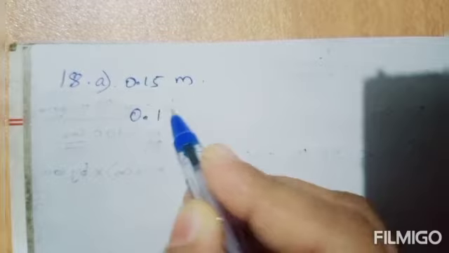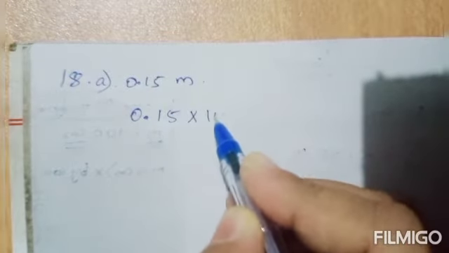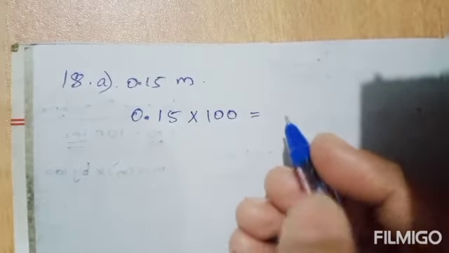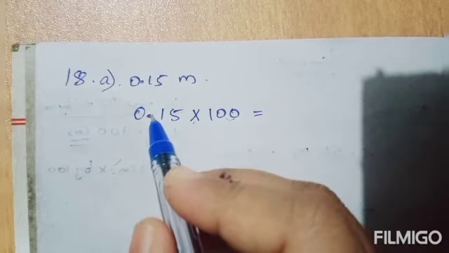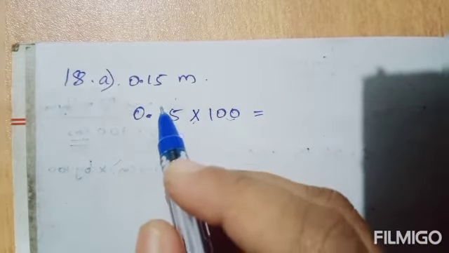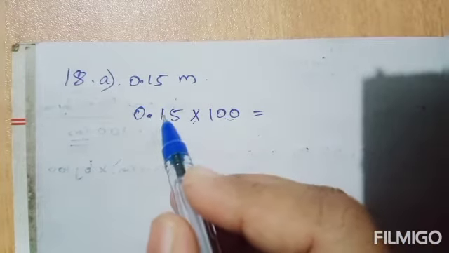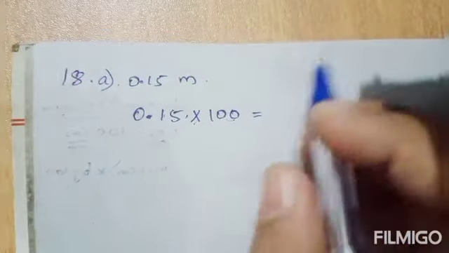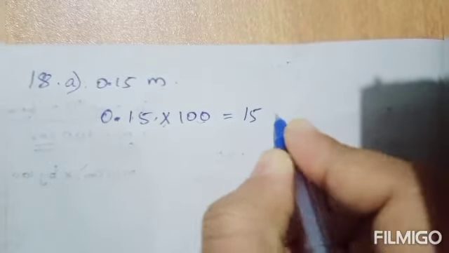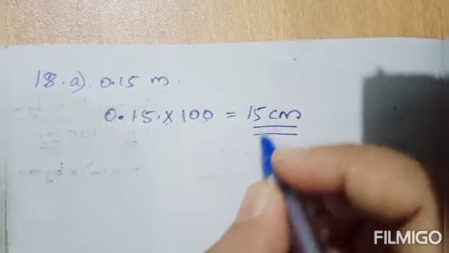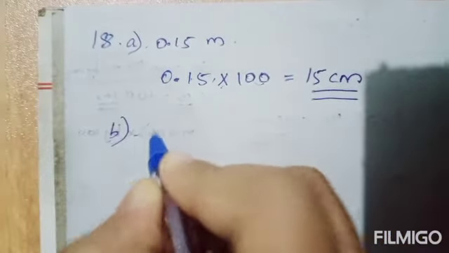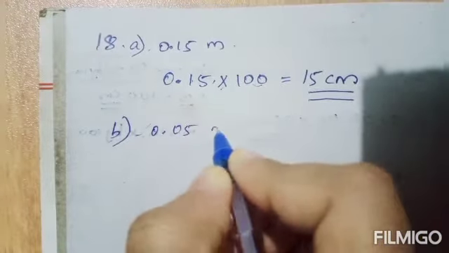So 0.15 multiply by 100. What will you get? Multiplication by 100, this decimal point will move 2 places to the right. So this is 1, 2 here. So 15 centimeter you will get.